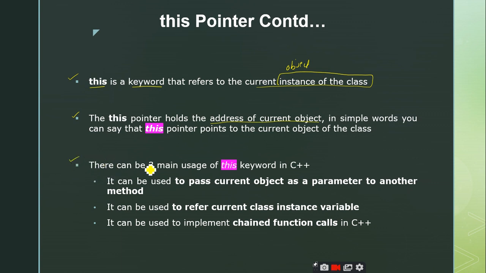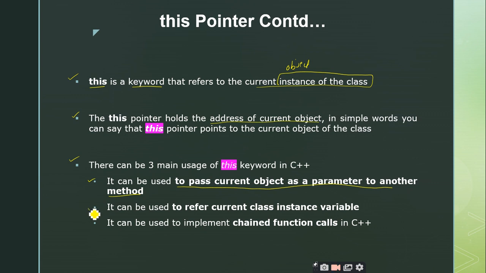Now we will see the three main usages of this keyword in C++. The first one is we can use the this pointer to pass the current object as a parameter to another method. So by using this pointer we can pass the objects as parameters to functions.